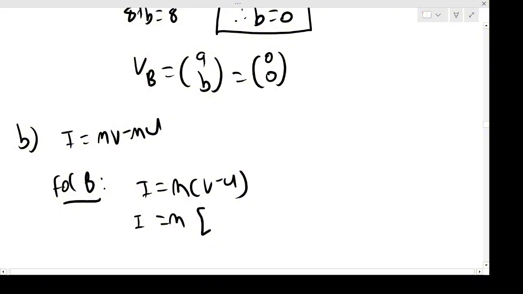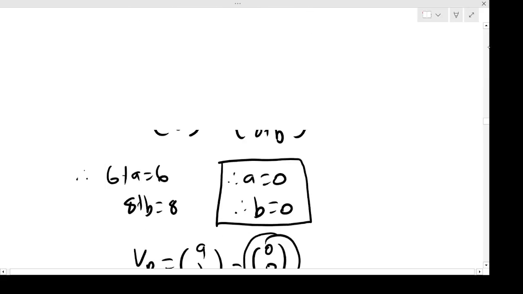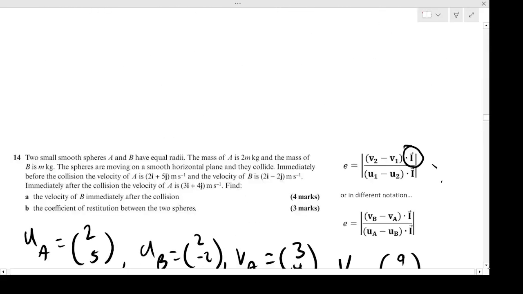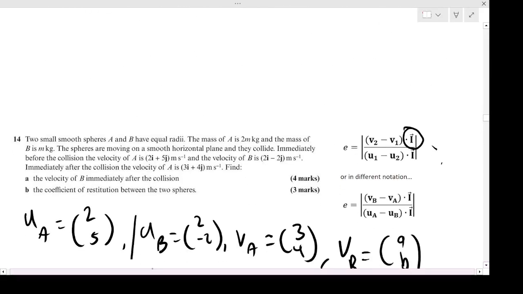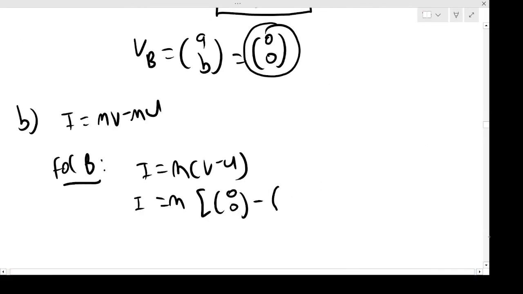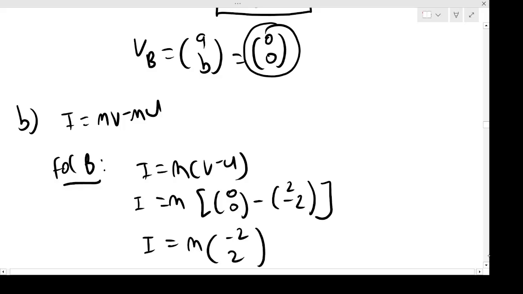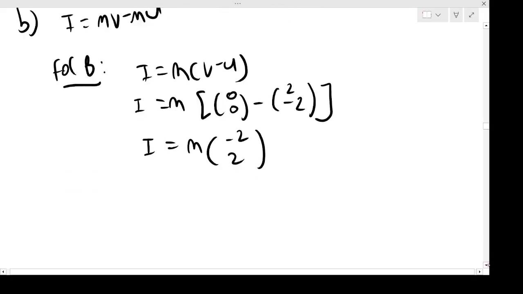So in this case, for B, the final velocity v is (0, 0), and the initial velocity u for B is (2, -2). So I'm just taking away the initial from the final velocity for B. Hopefully happy with that. So simplify this, I'm going to get m lots of (-2, 2). Okay, so that's my impulse vector.